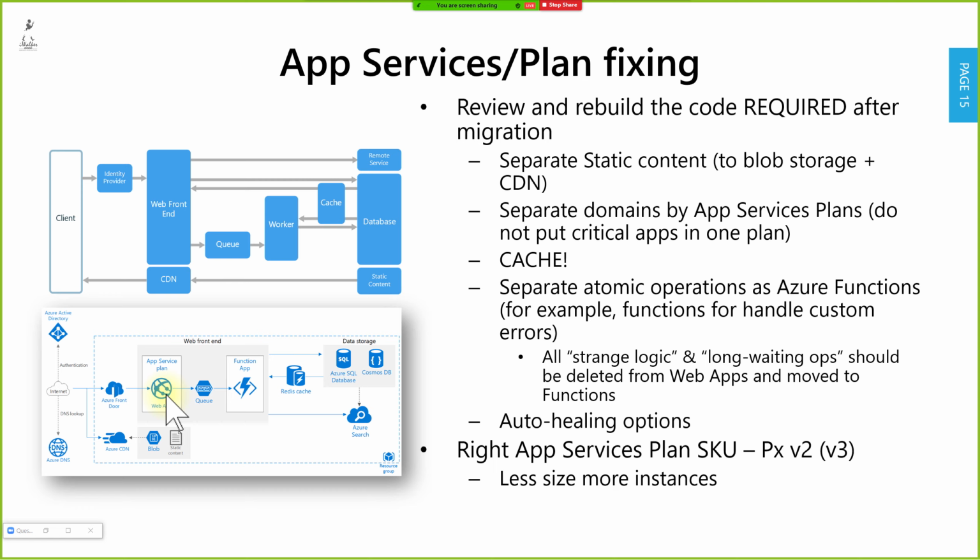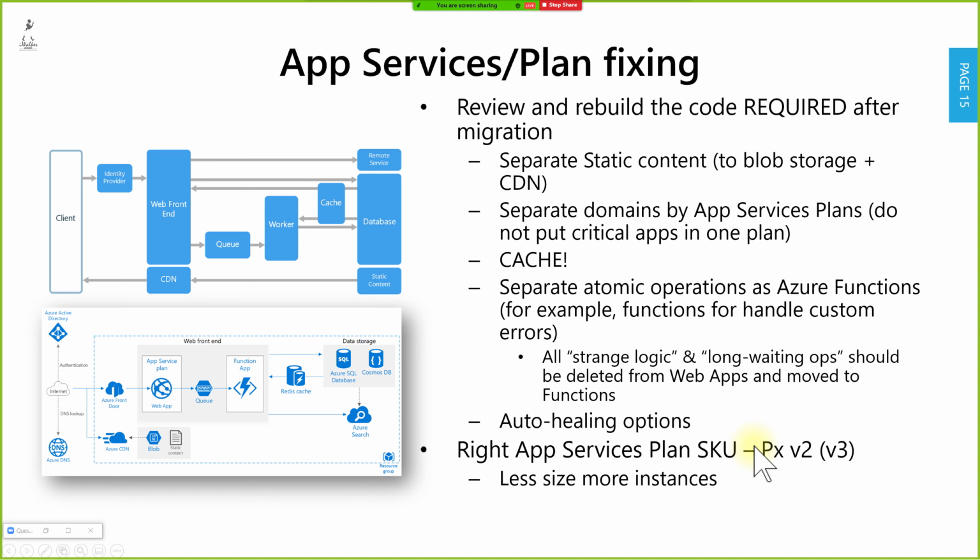So the customer experience jumped really high after these changes to the infrastructure. Plus again, an auto healing option is really required, we will talk about it. And choosing the right application service plan, choosing the right SKU, is a really, really important part.